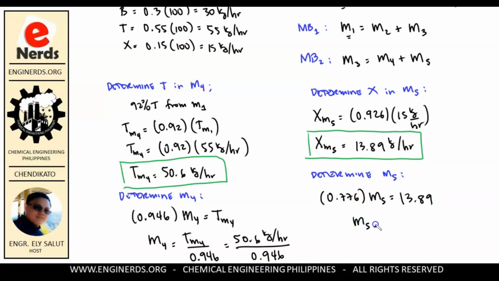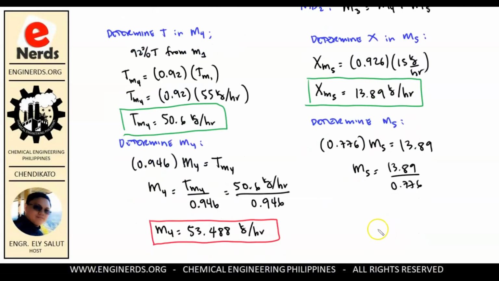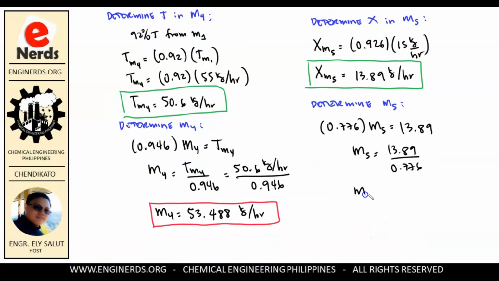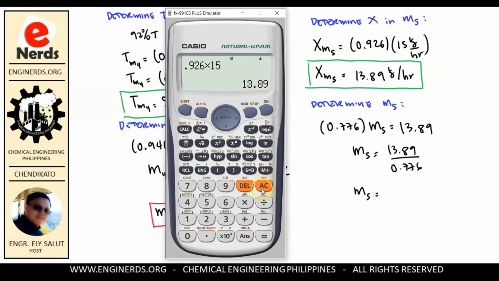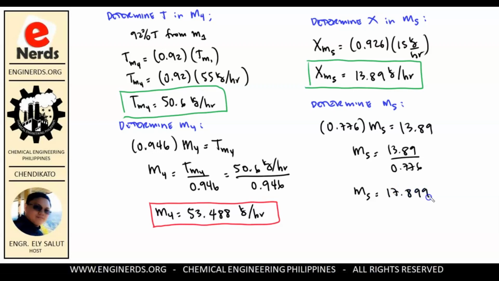So our M5 is equal to 13.89 divided by 0.776. Okay, so therefore our M5 is equal to, again, let's calculate, 13.89 divided by 0.776. And this is equal to 17.899 kilogram per hour.